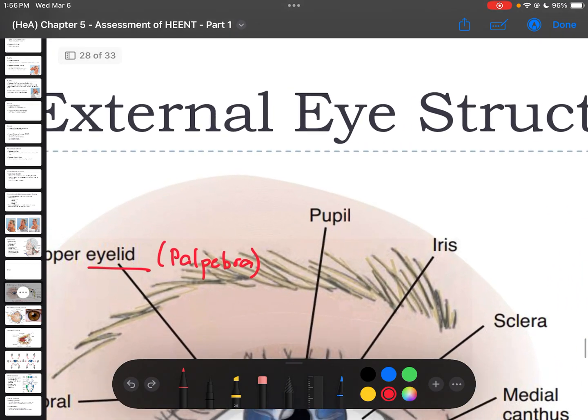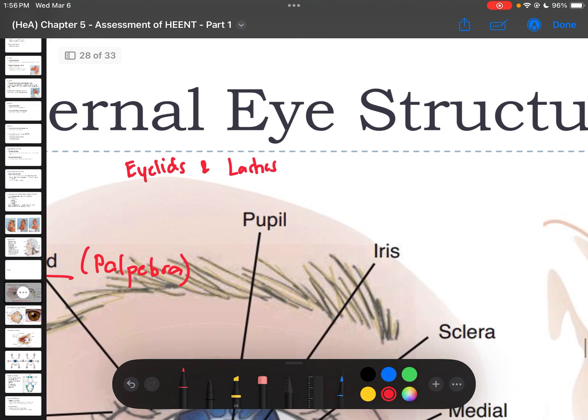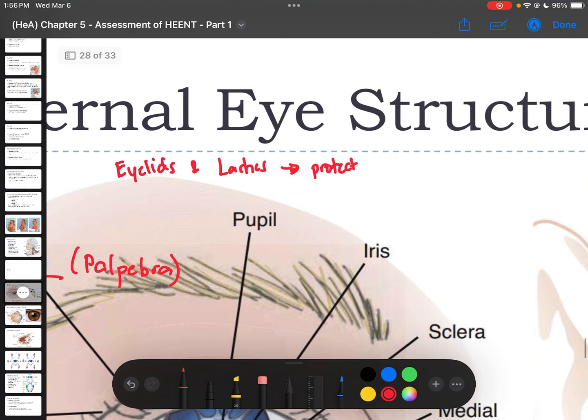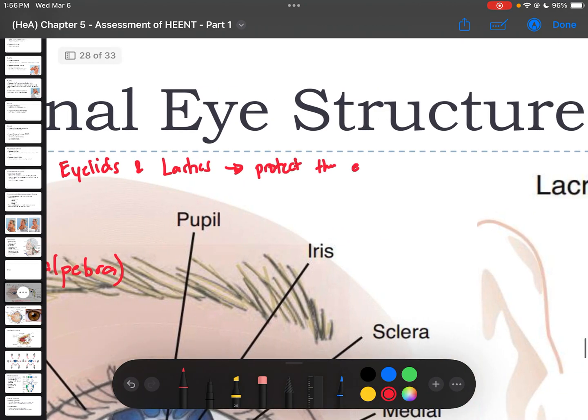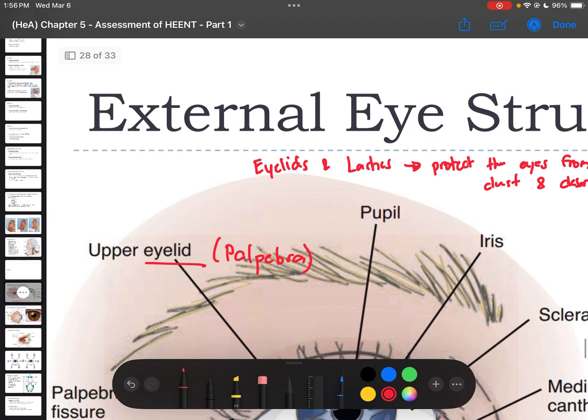Its purpose is number 1 to protect the eyes from dust and debris.